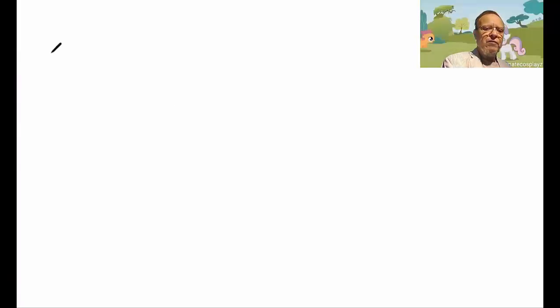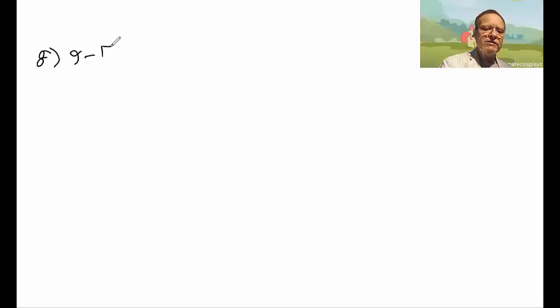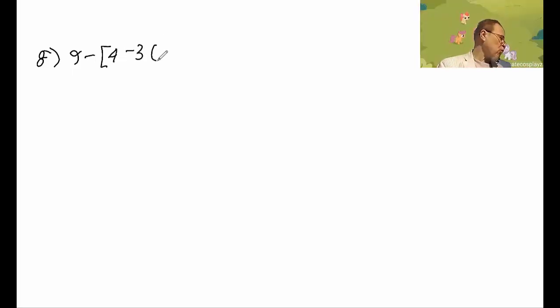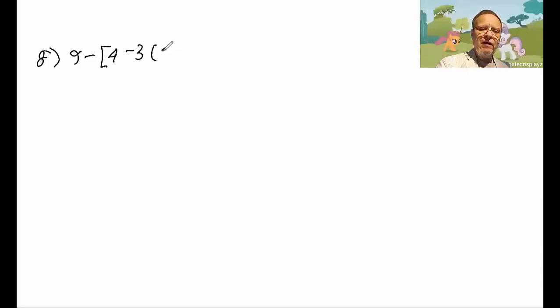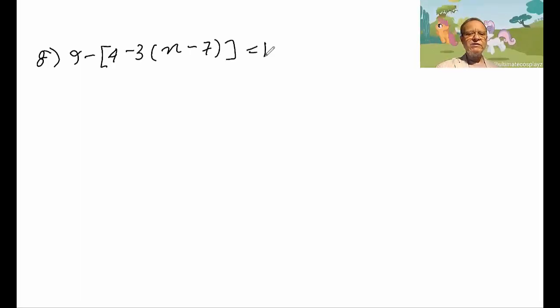In question number 8, we are asked to solve 9 minus square bracket 4 minus 3 round bracket x minus 7 square bracket is equal to 11. Now notice that we have two sets of brackets.